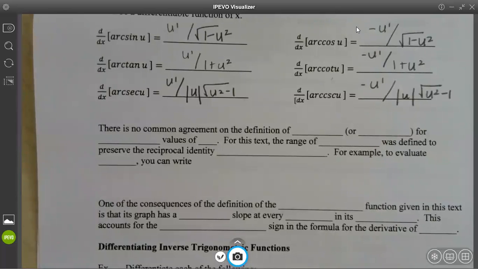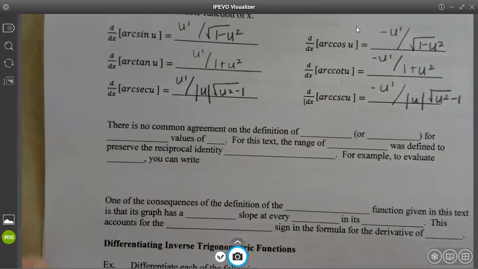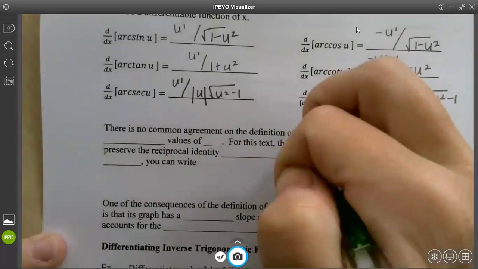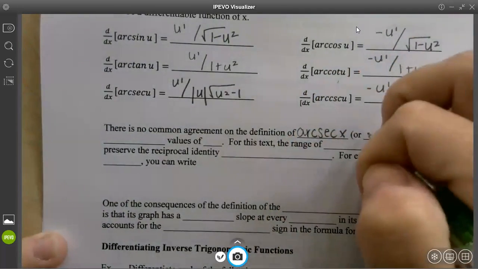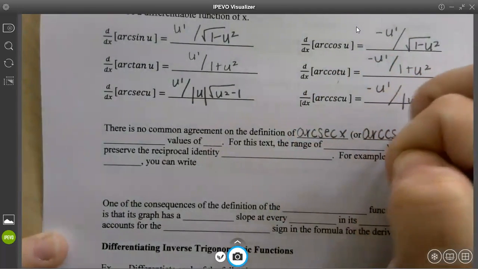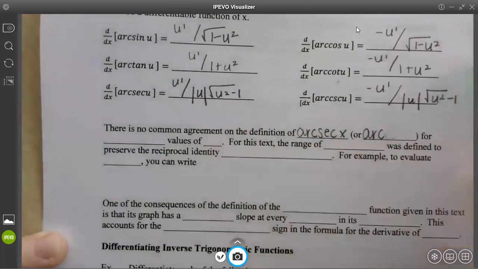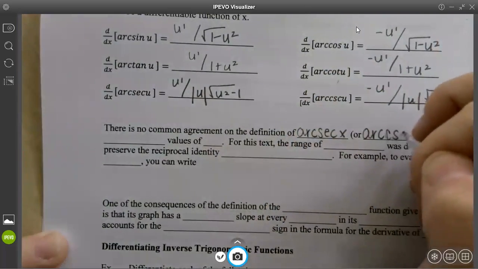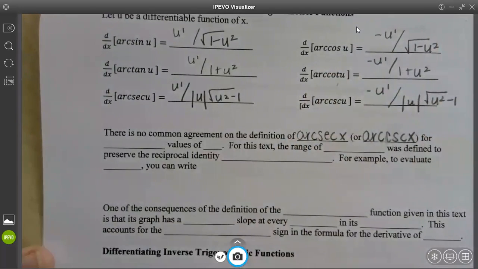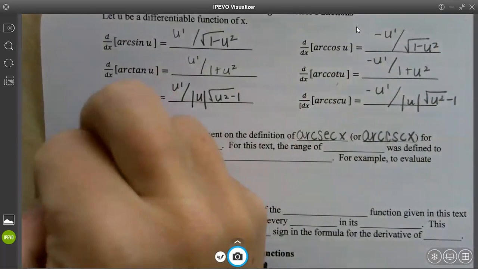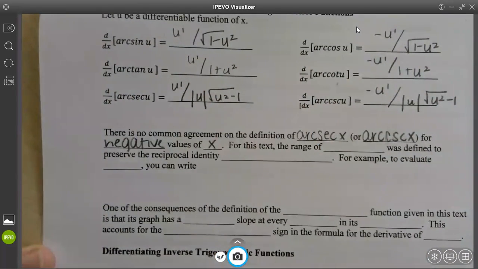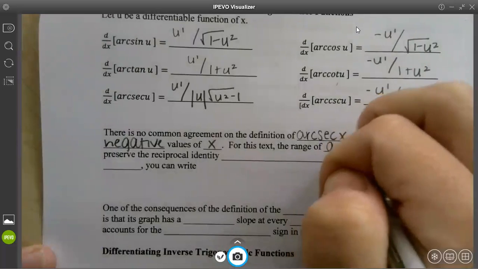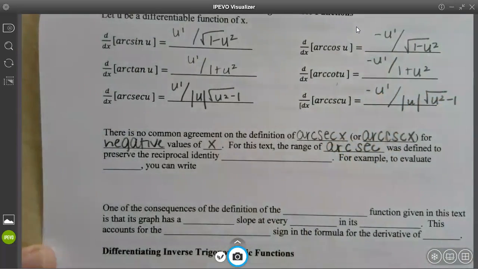There is no common agreement on the definition of arc secant x or arc cosecant for negative values of x. For this text, the range of arc secant was defined to preserve the reciprocal identity.